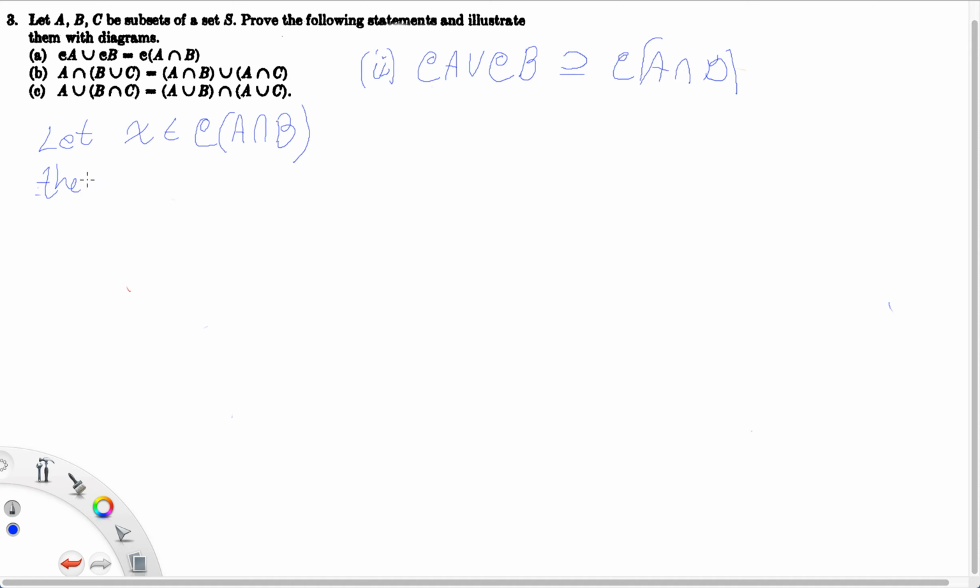Then this means that x is not in A intersect B. Let's draw a picture again.